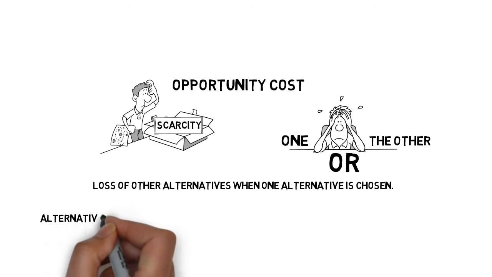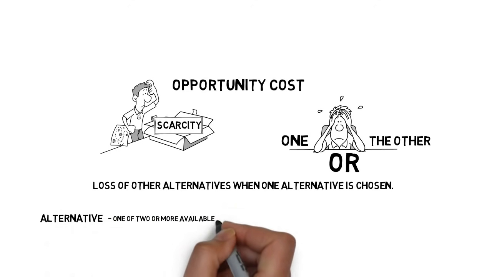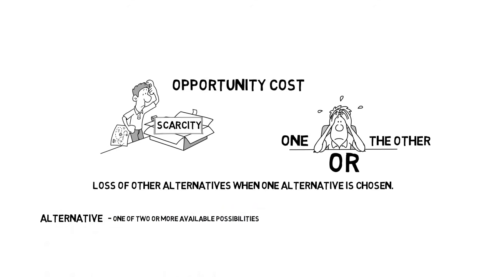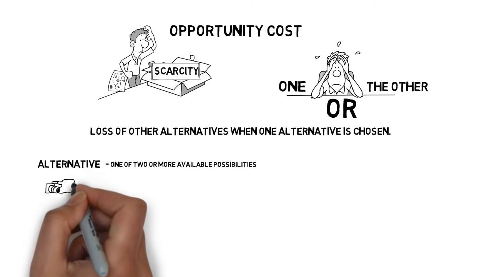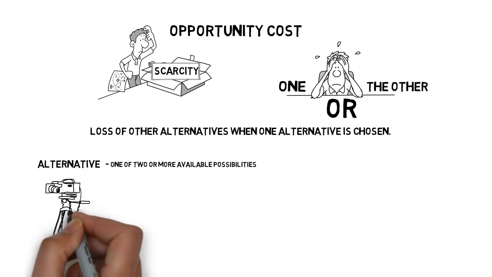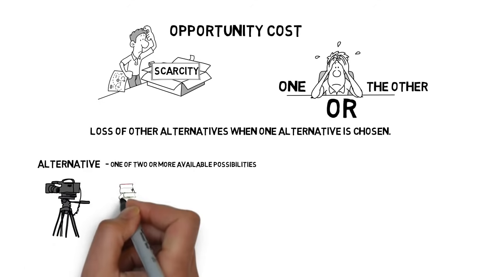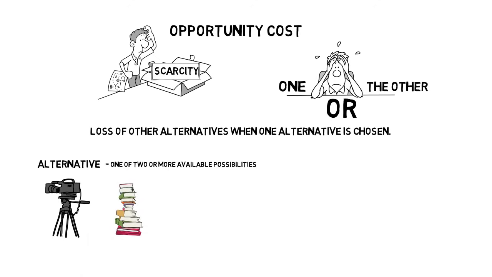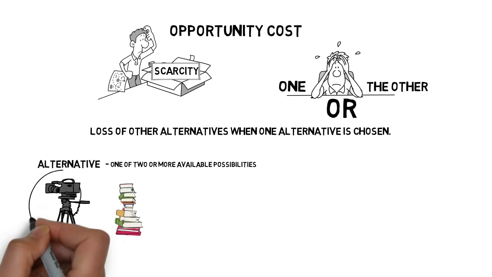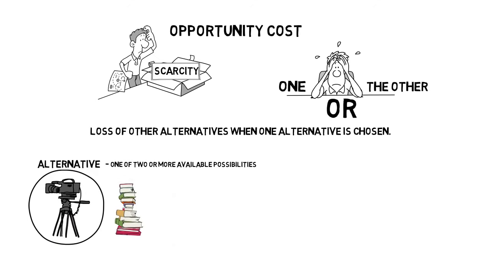Alternative means one of two or more available possibilities. What this means is that we always have more than one option. So when we choose one, the other will be lost. For example, you give up going to the cinema to watch a movie for a test because you want to get good grades. So the opportunity cost to you is going to the cinema and enjoying a movie.